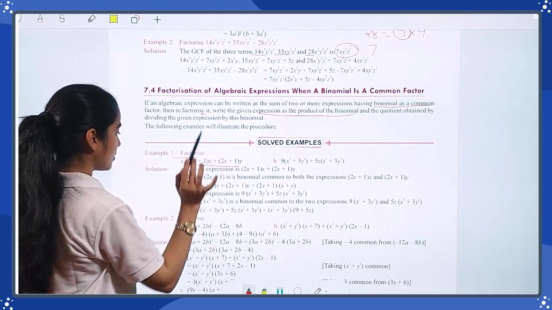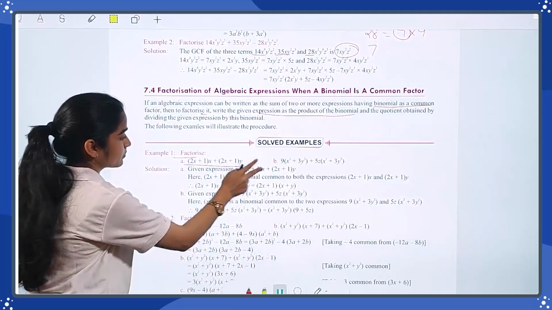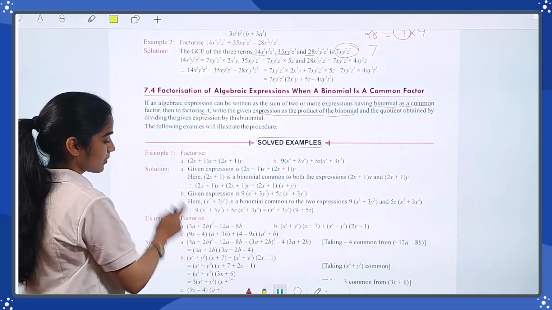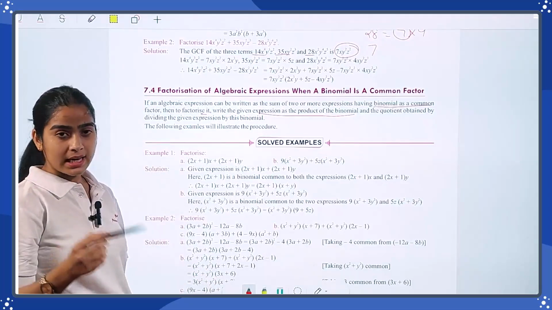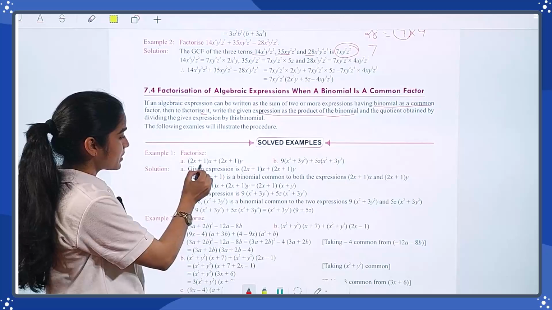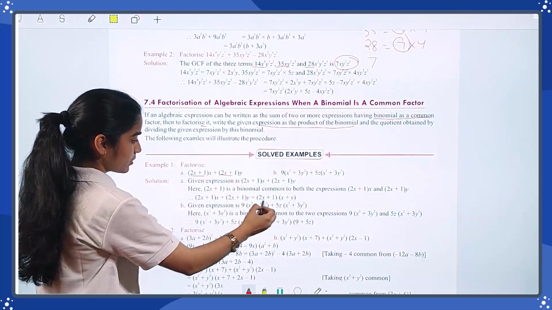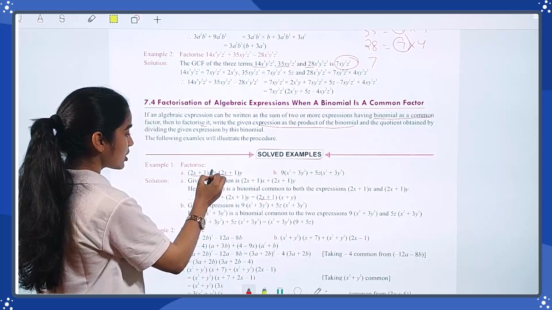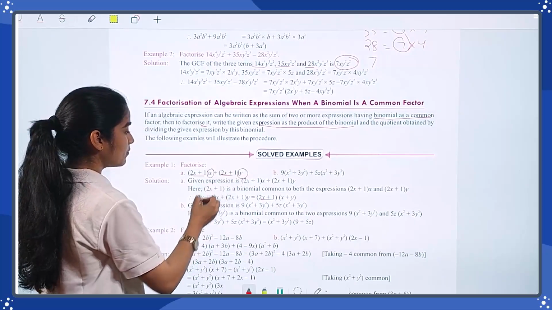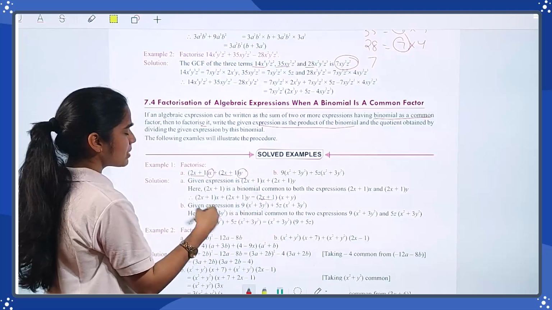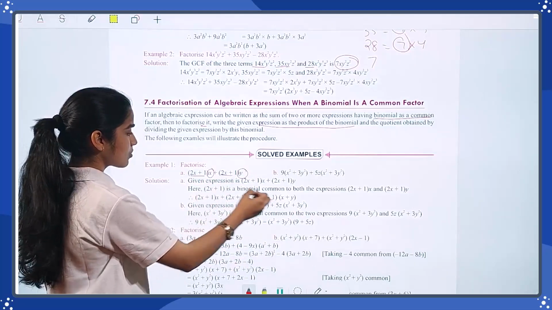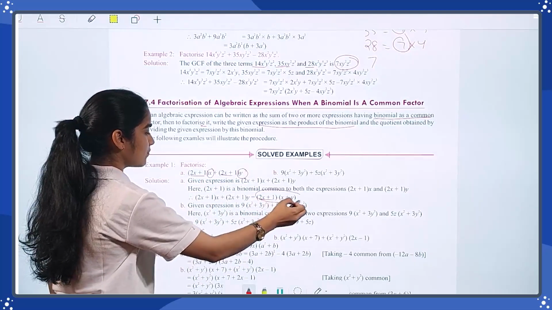If you look here, the values inside the brackets are the same: 2x plus 1, 2x plus 1. Just take it out as it is. 2x plus 1. And for the terms outside the brackets, make an expression for them. So x plus 5. These are your factors.